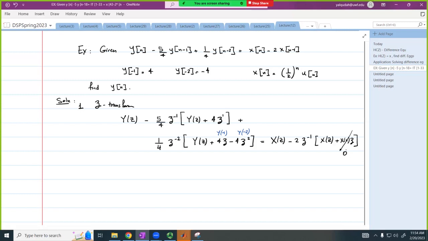So why is y of -1 in that middle term? We'll see in a second.